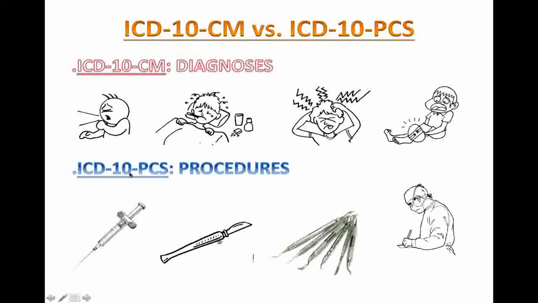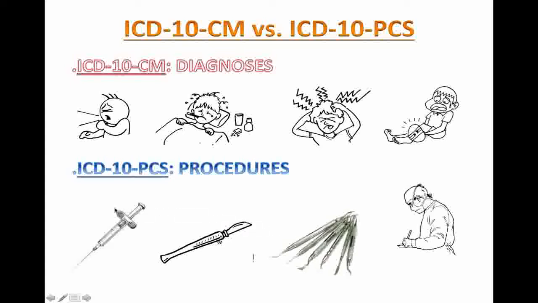On the other hand, ICD-10-PCS. PCS stands for Procedure Coding System. It usually refers to a procedure. A better way to remember PCS is to think of those pictures that make you say ouch, like a needle, scalpel, surgical instrument in the operating room, or a surgeon.